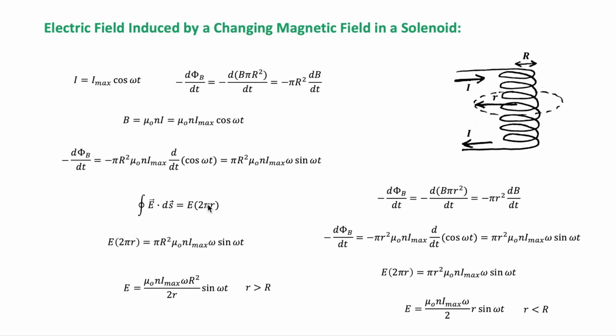And so we equate this equation with this, and from here we get E is equal to μ₀nI max ωR² sine ωt over 2r, for the region r greater than R, okay? So this shows that the amplitude of the electric field outside the solenoid falls as 1 over r, and the field varies sinusoidally with time.